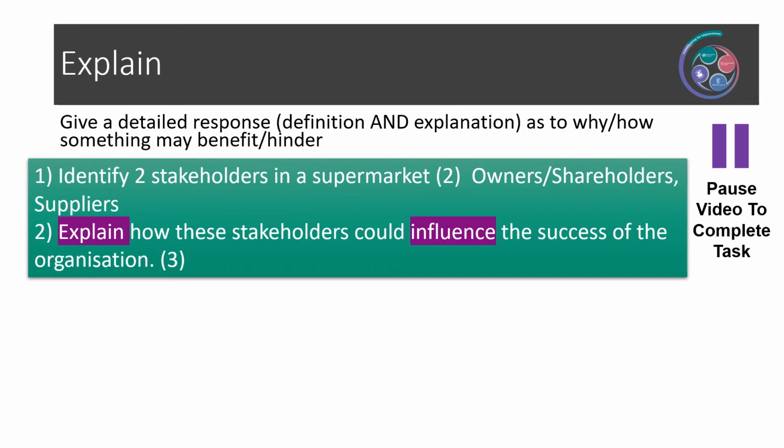You can see there that I've highlighted explain, so you know what to do, explain, and also a keyword influence. Just to remind you that it's the influence that you need to be talking about and not the interest, because those two get often mixed up. So this time, explain questions take a wee bit longer, so take about approximately 5 minutes to pause the video and complete the task.